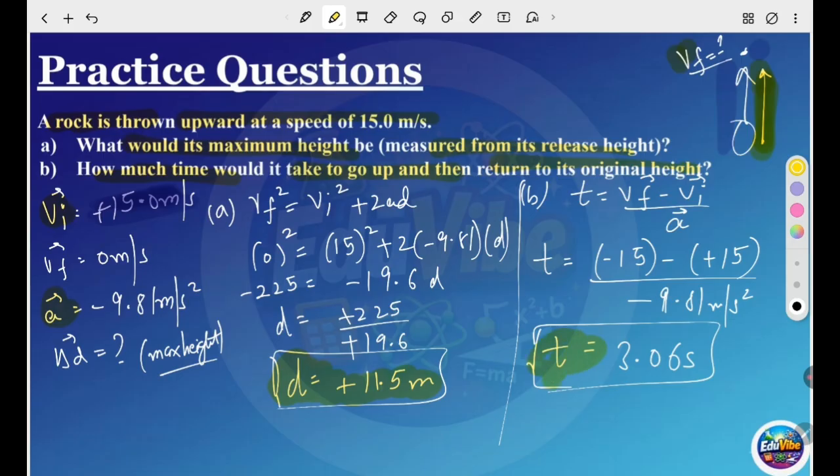So this is the time. Because it goes up and returns to its original height, the initial velocity and the final velocity should be the same in magnitude. So that's how we can calculate this.